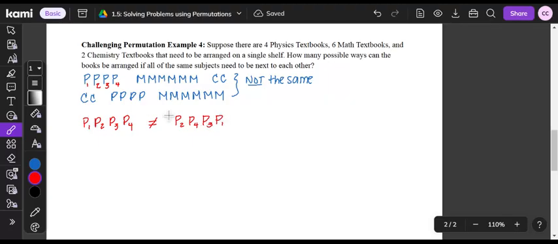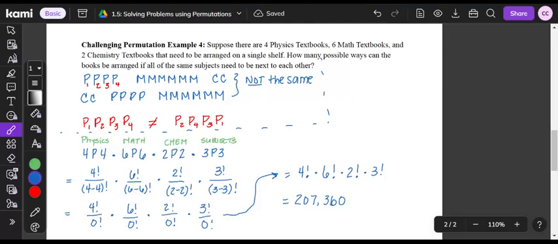Those are 2 different arrangements. So not only can I arrange the subjects around, I can also arrange the individual books around within each subject. That's what makes this problem a little more complicated. Like I said, I want you to go ahead and pause the video, try it on your own. I will reveal the answer in 5, 4, 3, 2, 1.